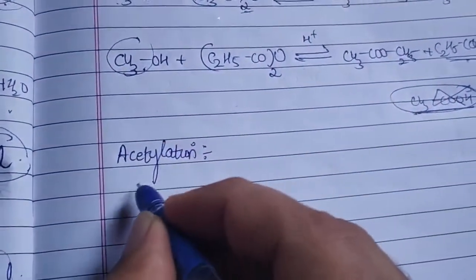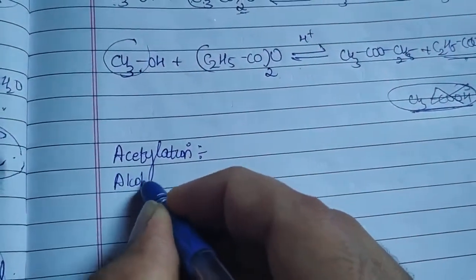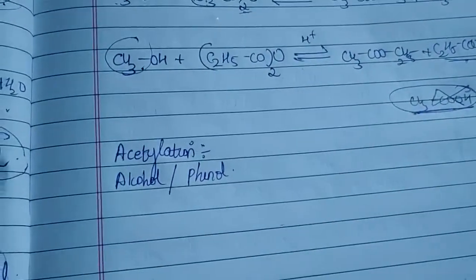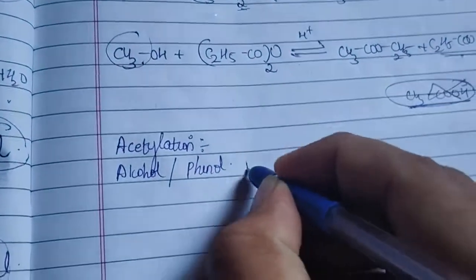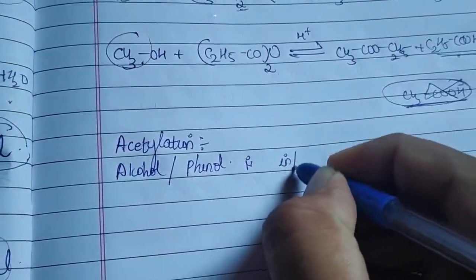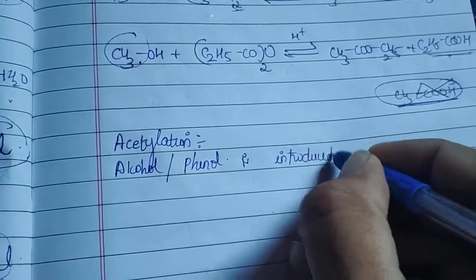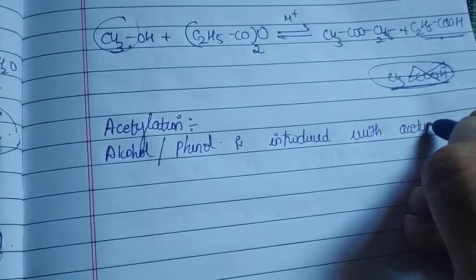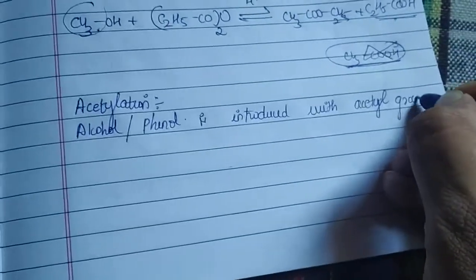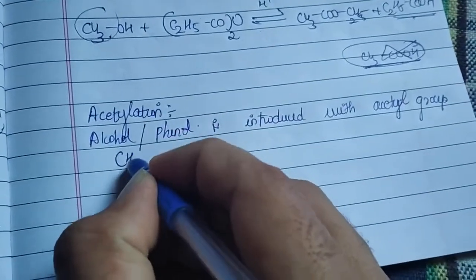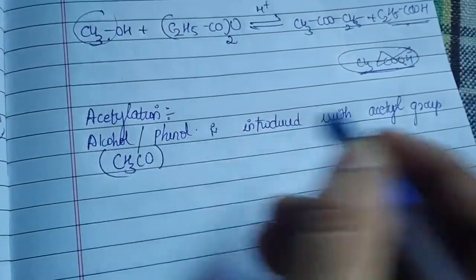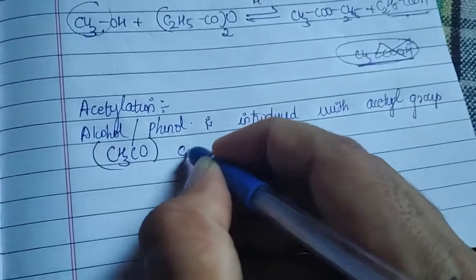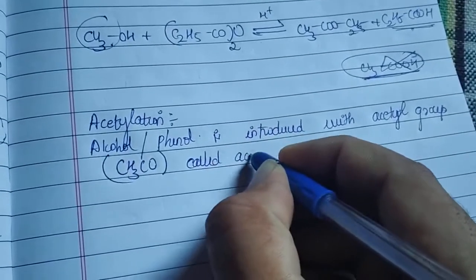Remember, whenever the alcohol or phenol is introduced with acetyl group, that is CH3CO group, okay, acetyl group means CH3CO. So that process is called acetylation.